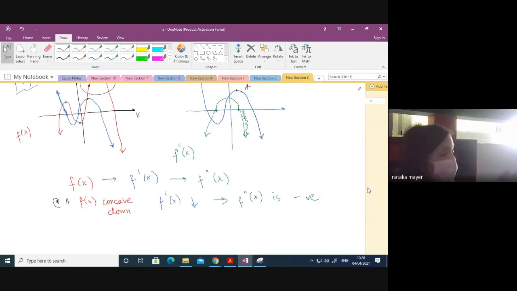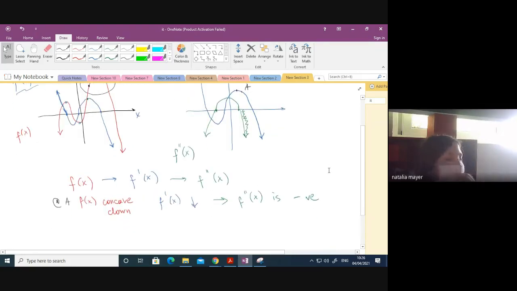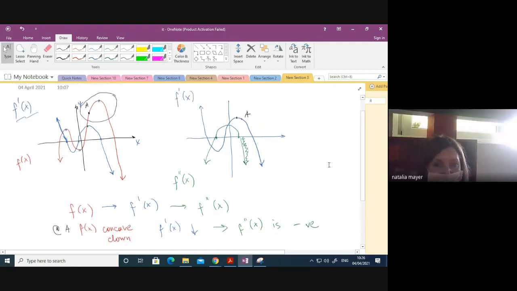Okay, one by one. What did you say? I said if the first one is negative, the normal function, if the function is negative, it doesn't say anything. We need only to analyze concavity. Let's do it again. For example, let's take another point B on the original function here.